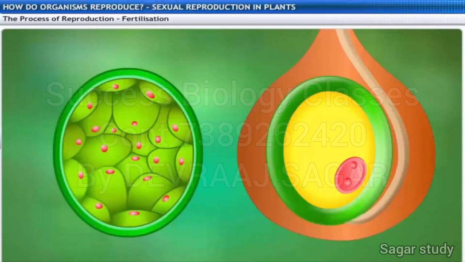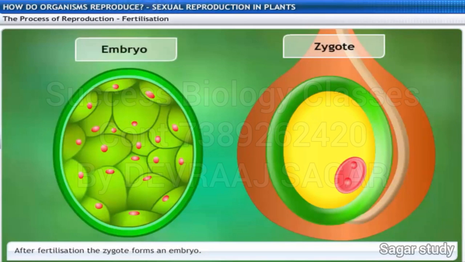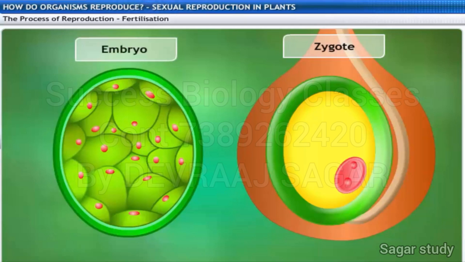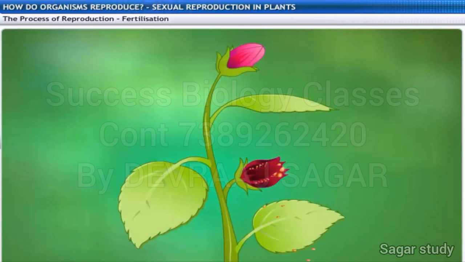Not so fast. After fertilization, the zygote divides several times to form an embryo within the ovule. The ovule then develops a tough coat and is gradually converted into a seed. These are the seeds that we use to raise new plants.